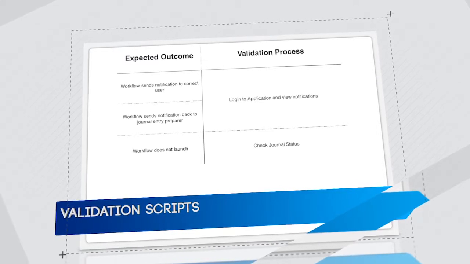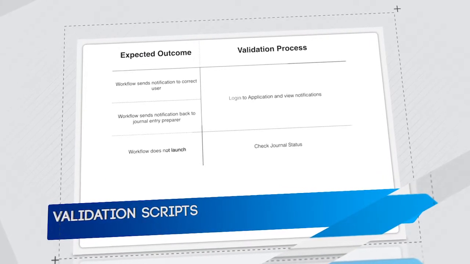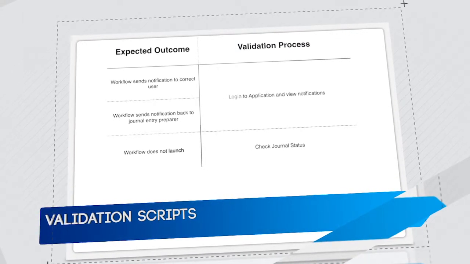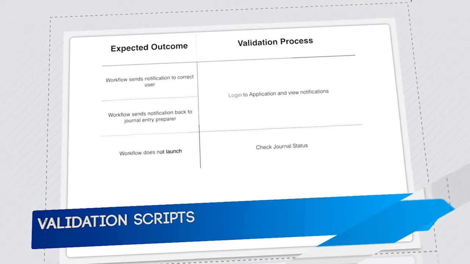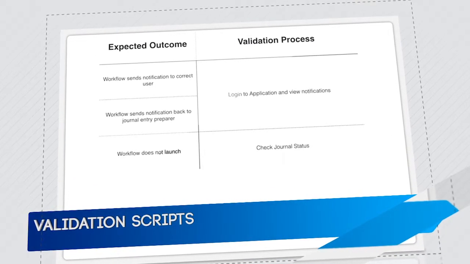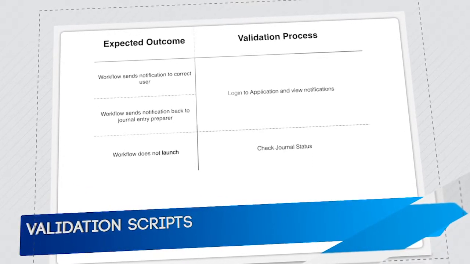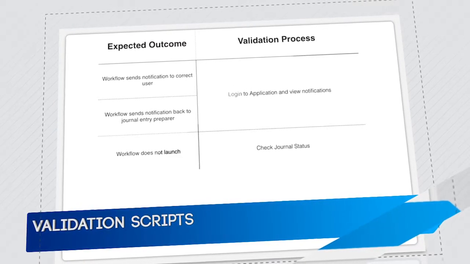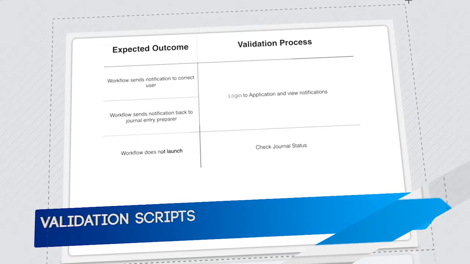Our validation scripts are going to be based on the 3 expected outputs. We're either going to have the workflow send the notification to the correct user, the workflow send a notification back to the preparer, or it doesn't launch at all, which is one of our test cases. If we have a journal source that doesn't require approval, it's not going to do anything. So we need to check that.